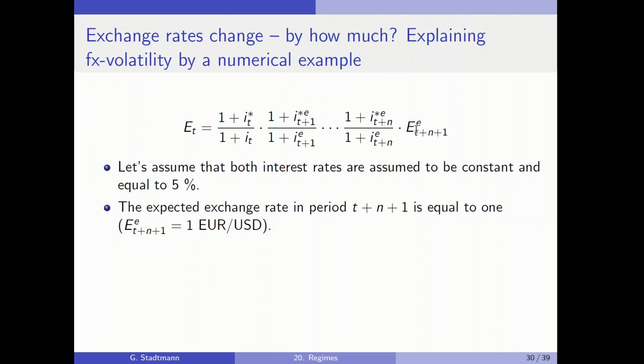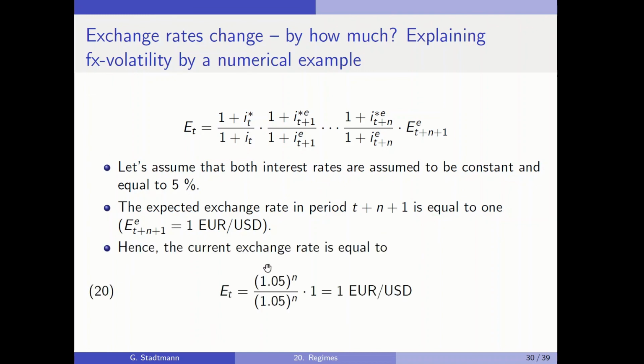Therefore, the current exchange rate in the basic scenario is the chain of foreign interest rates, 1.05 to the power of n, divided by 1.05 to the power of n, the chain of domestic interest rates, times the expected exchange rate. So the current exchange rate is also equal to €1 per US dollar.